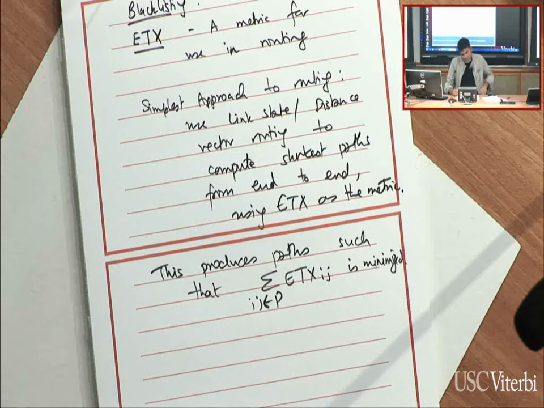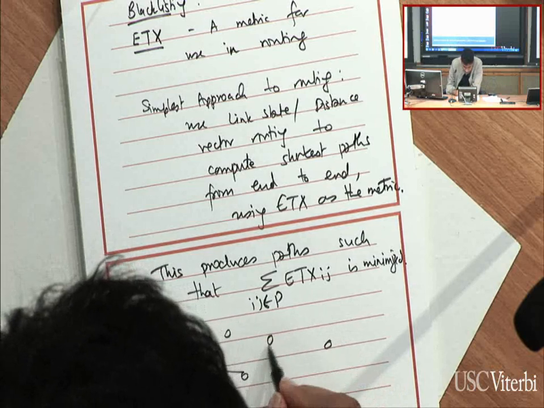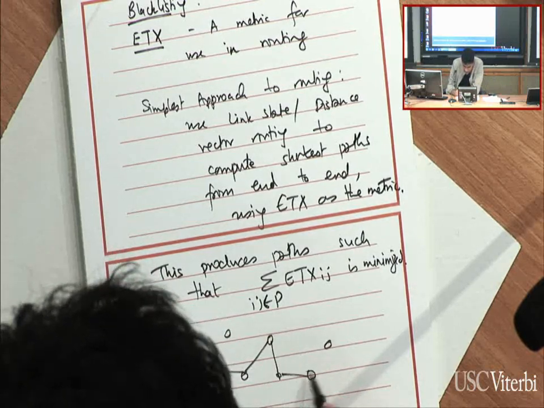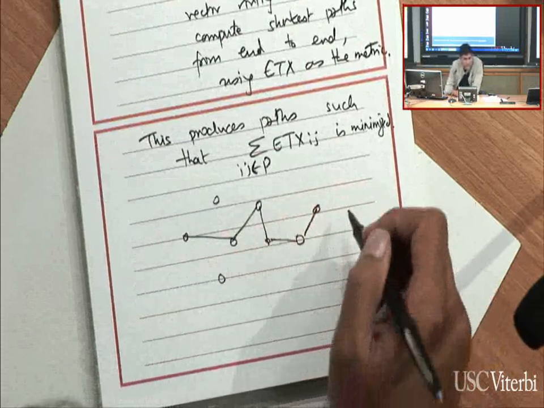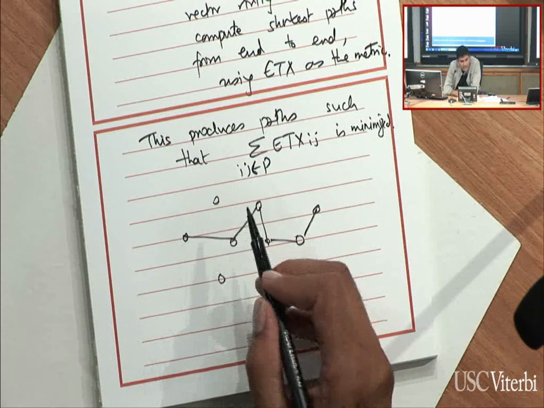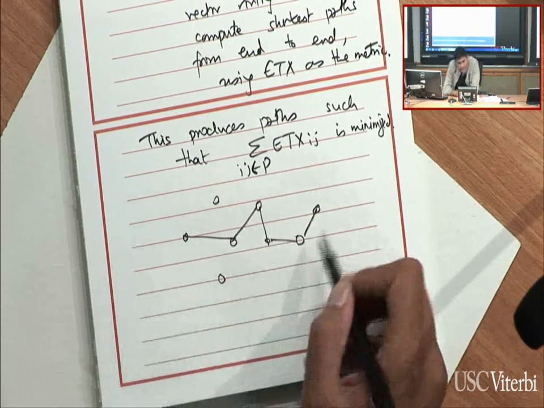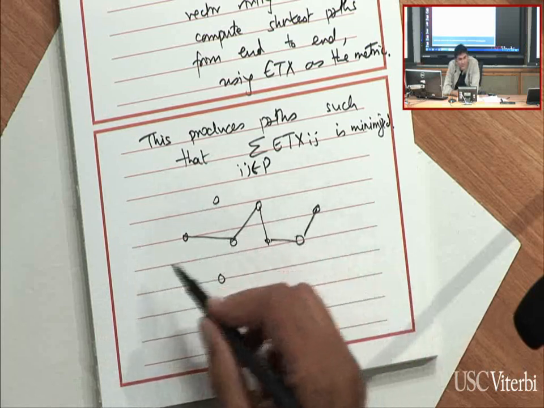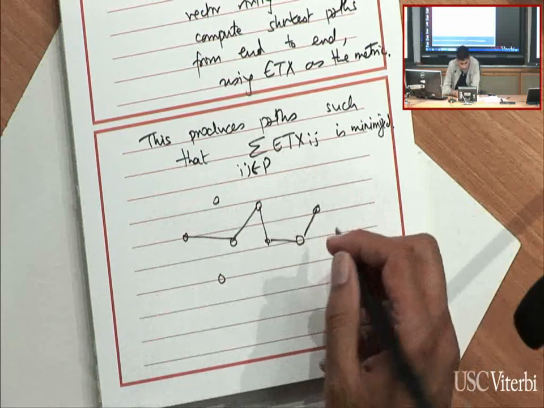So if you take a particular network, it might compute a path for you that goes through the network, follows a particular set of nodes as intermediate hops, which has the property that if I measure the ETX on this link, the ETX on this link, the ETX on this link, the sum of those values is as small as is possible for any path you could have computed from the source to the destination.